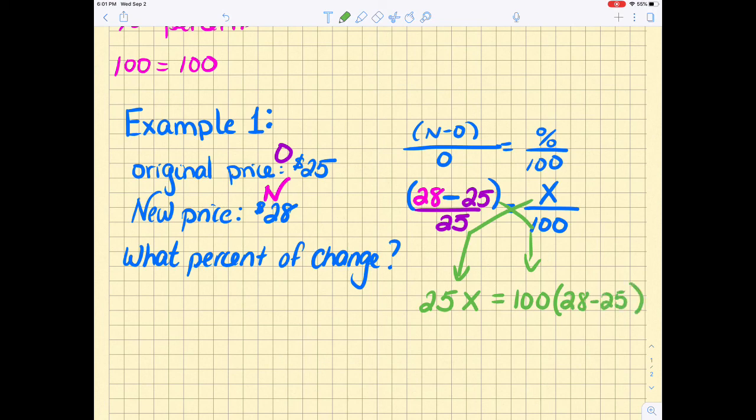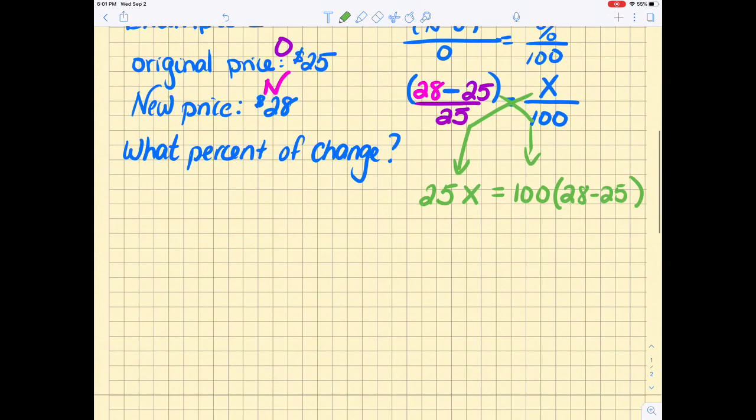A lot of people want to distribute that 100, and you can do that. There's nothing wrong with that mathematically. But to make this simpler, we can first look inside the parentheses and see that can be simplified. So 28 minus 25 is 3. So now we have 25x equals 100 times 3. Well, 3 times 100 is 300.